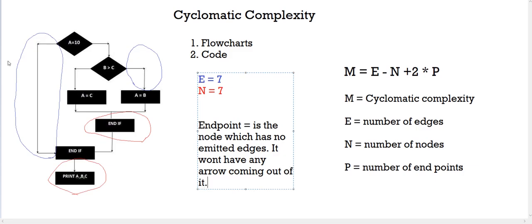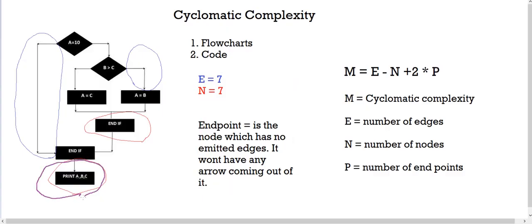Alright, so if you take a look at all the nodes in our diagram here, you'll see that there is only one node which has no arrow coming out of it, and it's this node right here. Print ABC is our finishing node, our end node. I'm just going to mark that in purple. So the number of end nodes in this diagram is 1, so P is equal to 1.